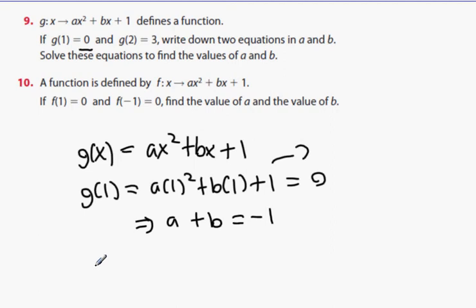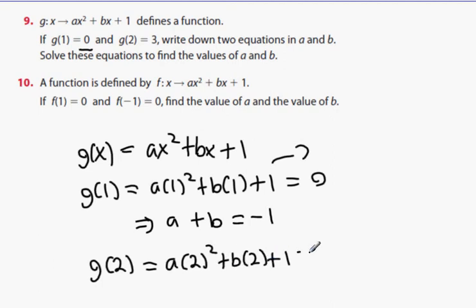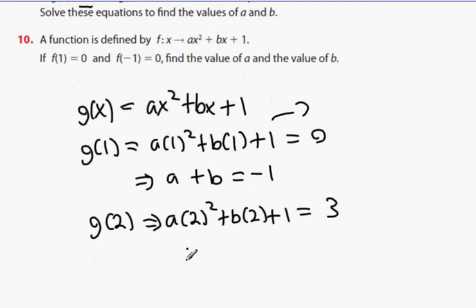Next one, g of 2 equals 3. Replace all x's with 2's, and then the output has to be 3. This means that 4a plus 2b, bring over the 1, becomes a minus 1, this equals 2.